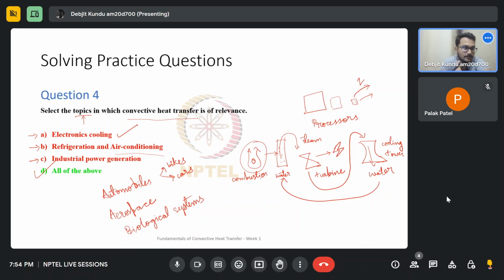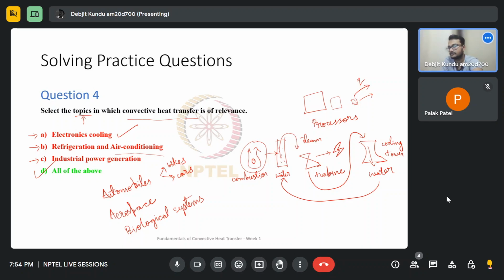When we feel hot, we start producing sweat, which gets evaporated by the air surrounding us, and as a result the latent heat is absorbed by the sweat from our bodies, and after it gets evaporated, it flows away. So that's where convection comes into the picture. So that's another area where convective heat transfer is of very high relevance.